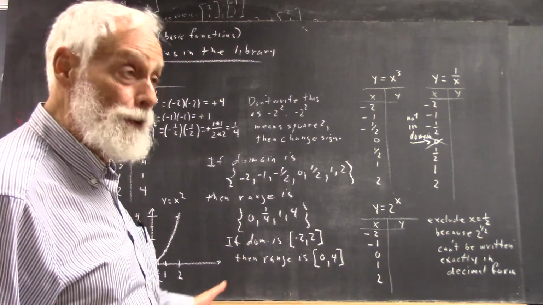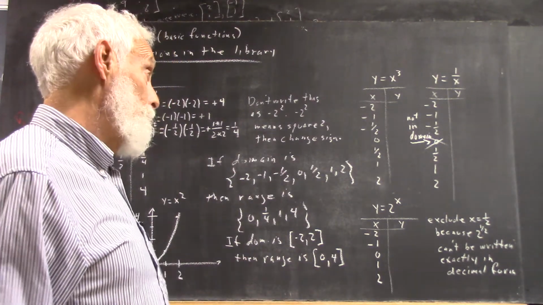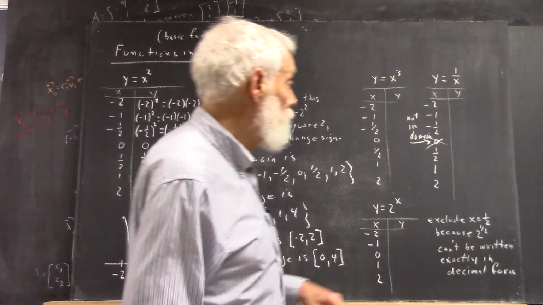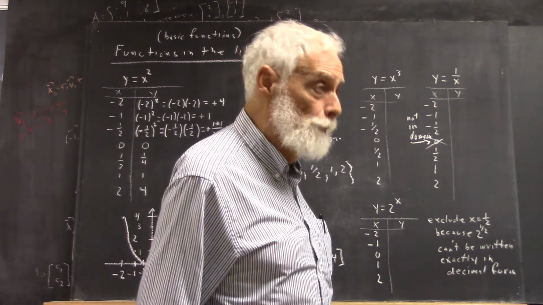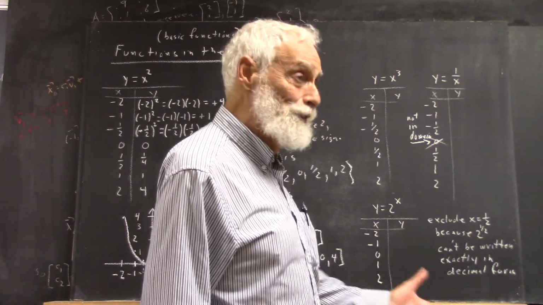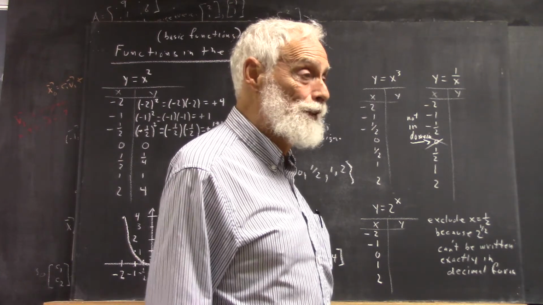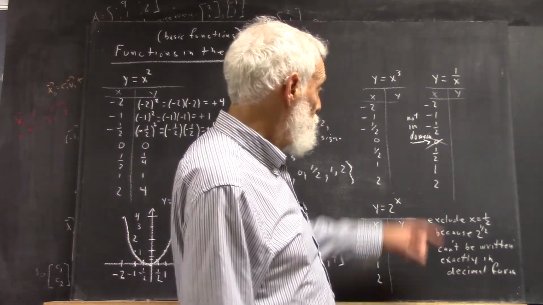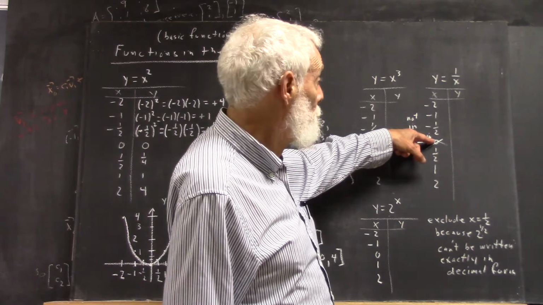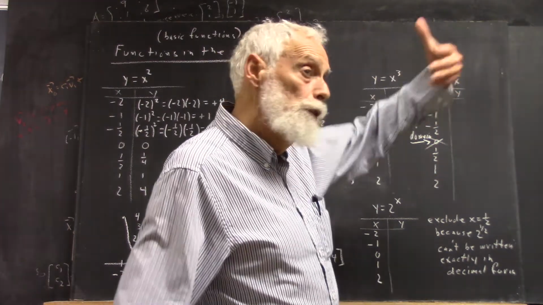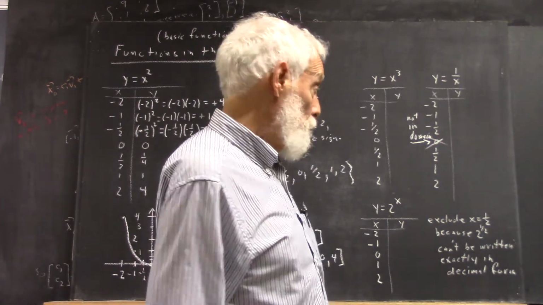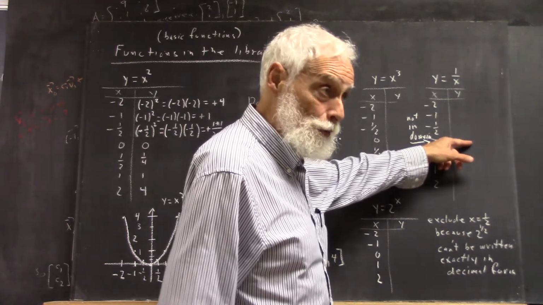It can't be evaluated. Now, the problem that I see when I ask people to do this is they say, oh, it's 1 over 0. There's a 0, so it must be 0. It isn't. It's undefined. And in fact, when x gets close to 0, the value of 1 over x becomes huge. So it would make no sense to write 0 down here.